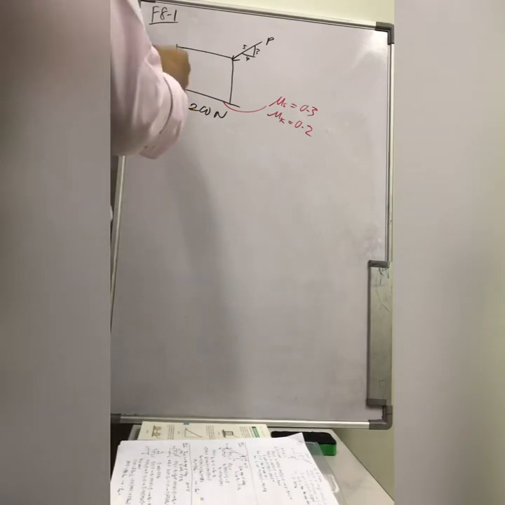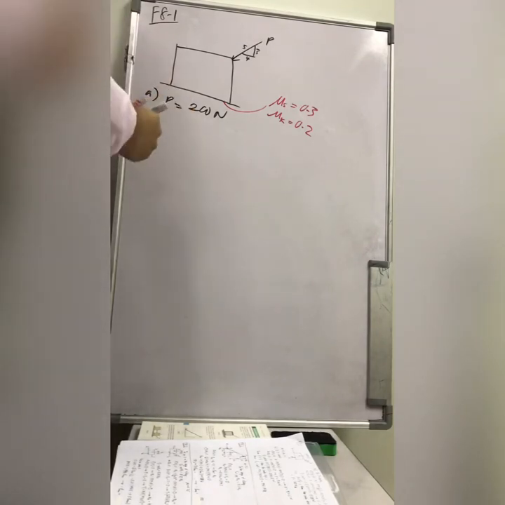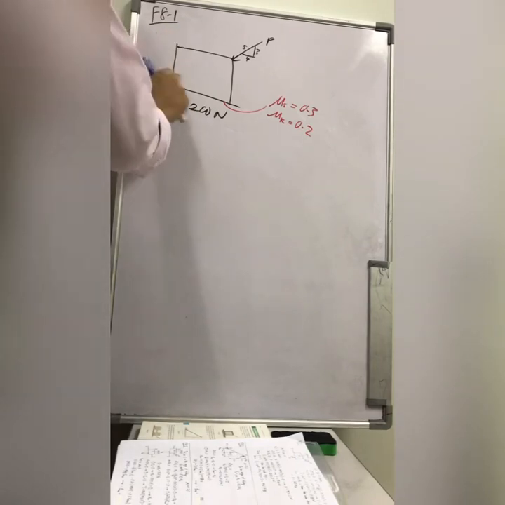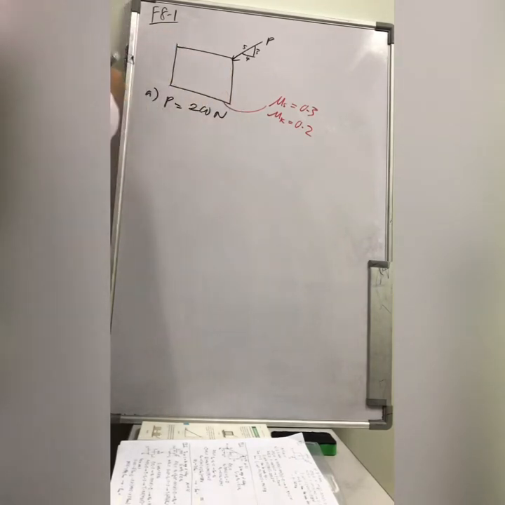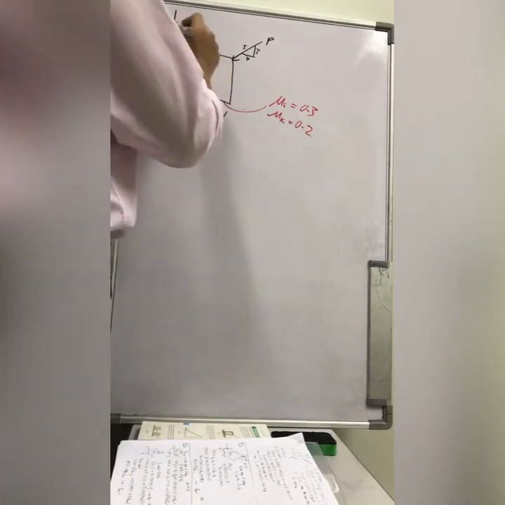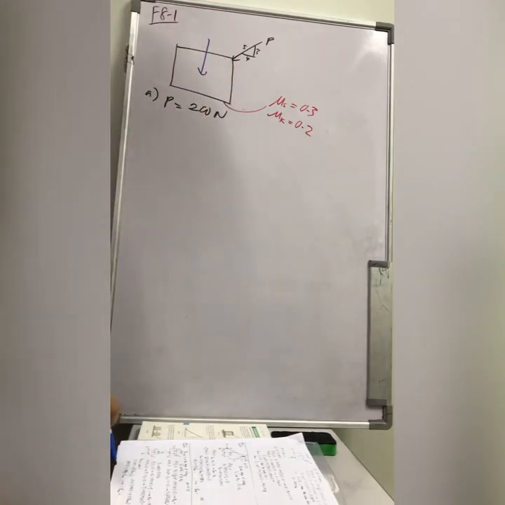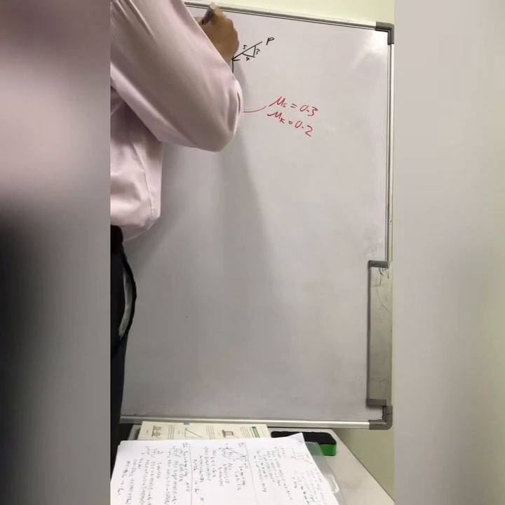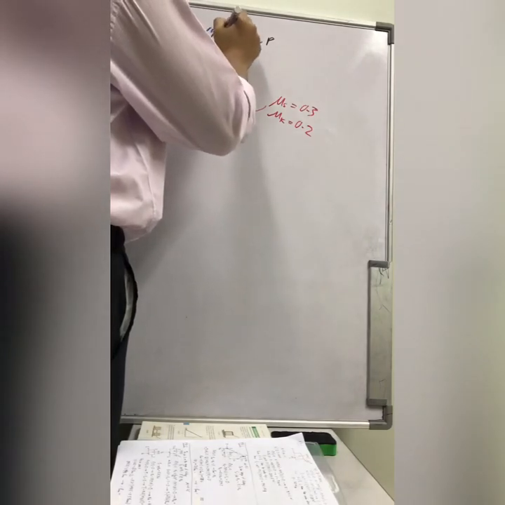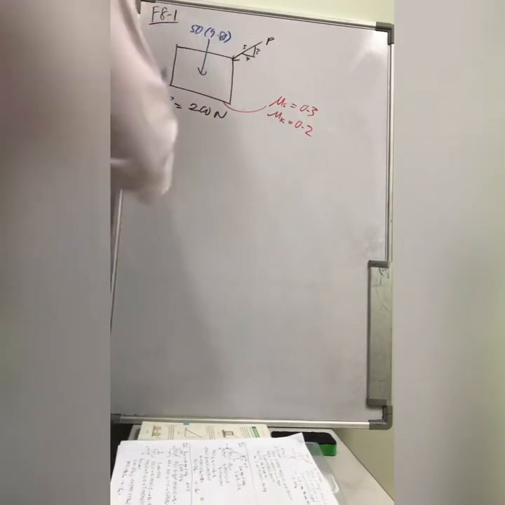So we start with drawing the free body diagram. What do we have? First, we have the weight, which is 50 kilogram times 9.81, and it acts at the center.